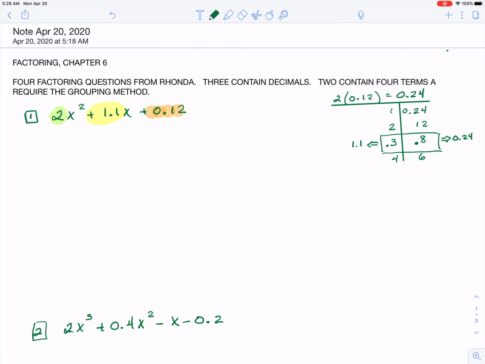And if I add them together, I get a 1.1. When you're adding decimals, you align them and keep the decimal in a straight line. When you're multiplying them, you multiply the numbers and then remember how you count off the decimal places. So that's the combination that I want, 0.3 and 0.8.